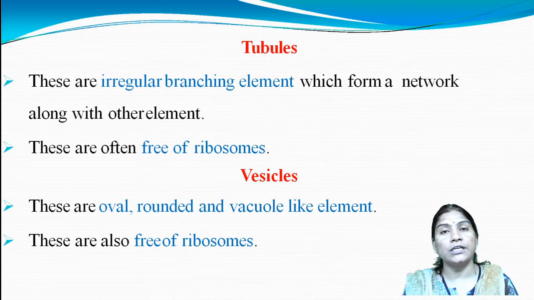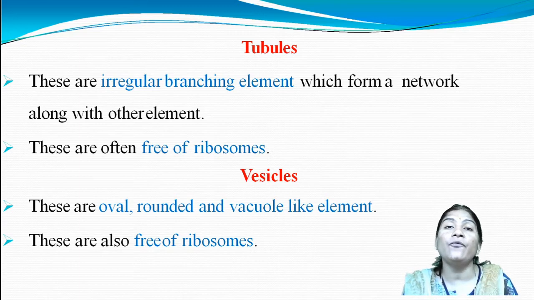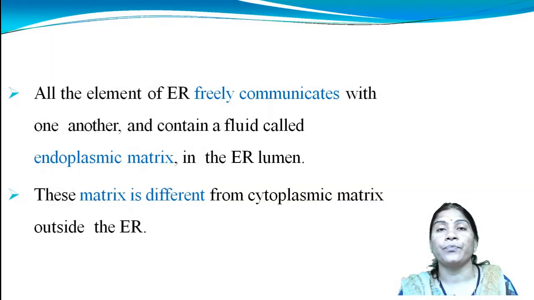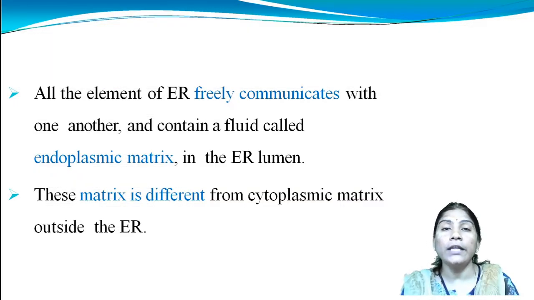In short, cisternae have the ribosomes, and tubules and vesicles are free from ribosomes. All the elements of the endoplasmic reticulum communicate freely with one another and also contain fluid, which we call the endoplasmic matrix.